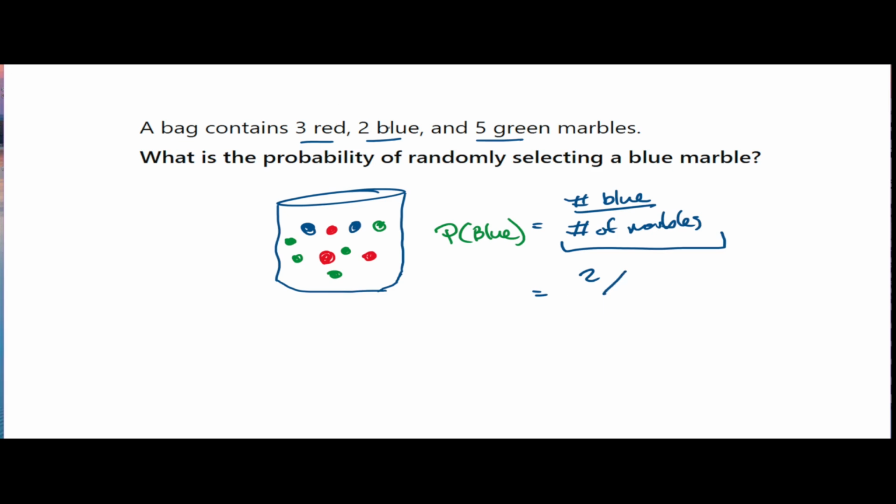Well, 2 plus 3 plus 5 is 10. So it's 1 over 5, which is 0.2, which is 20%. Any of these are okay.